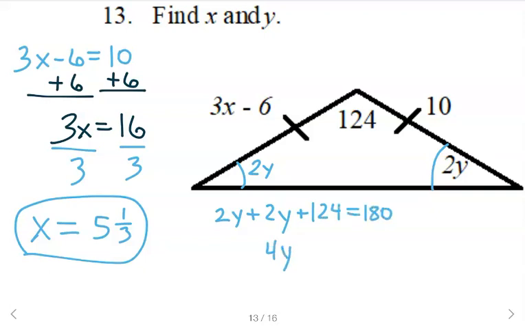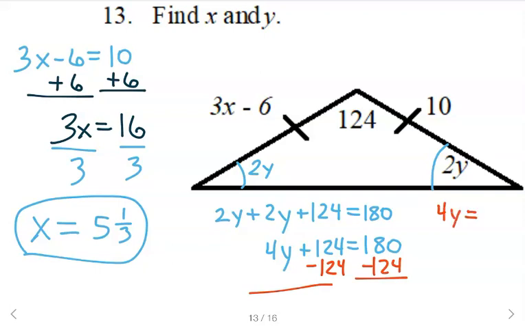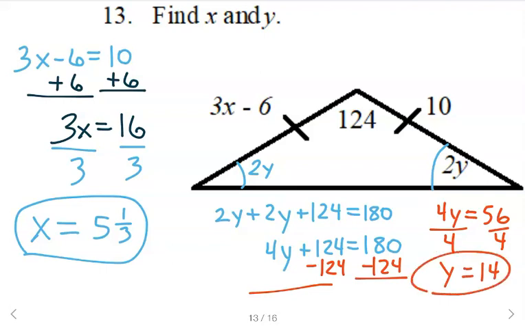Combine those like terms, we get 4y plus 124 equals 180. Subtract 124 from each side. So 4y equals 56. Divide by 4. And so y is equal to 14. So we found x, we found y.